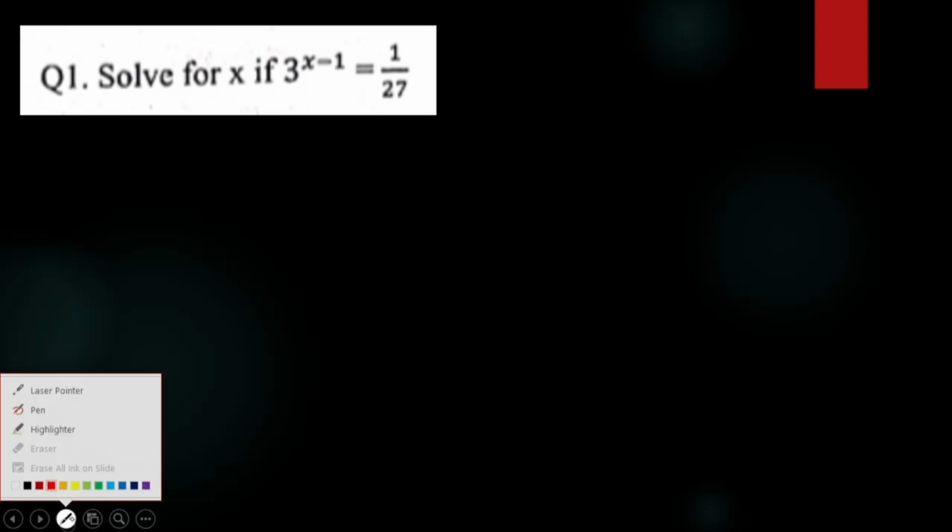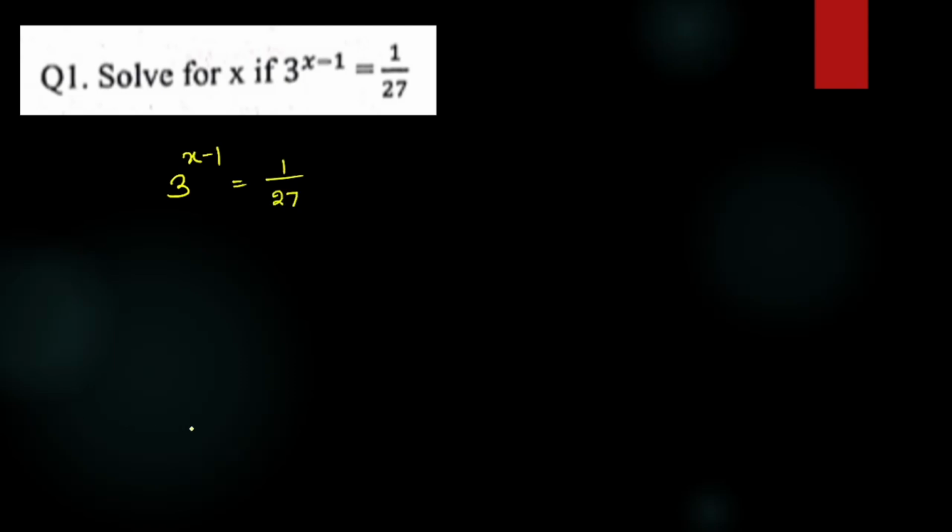First question: solve for x if 3 to the power x minus 1 equals 1 by 27. So how to solve? First we write down the question: 3 to the power x minus 1 equal to 1 by 27.